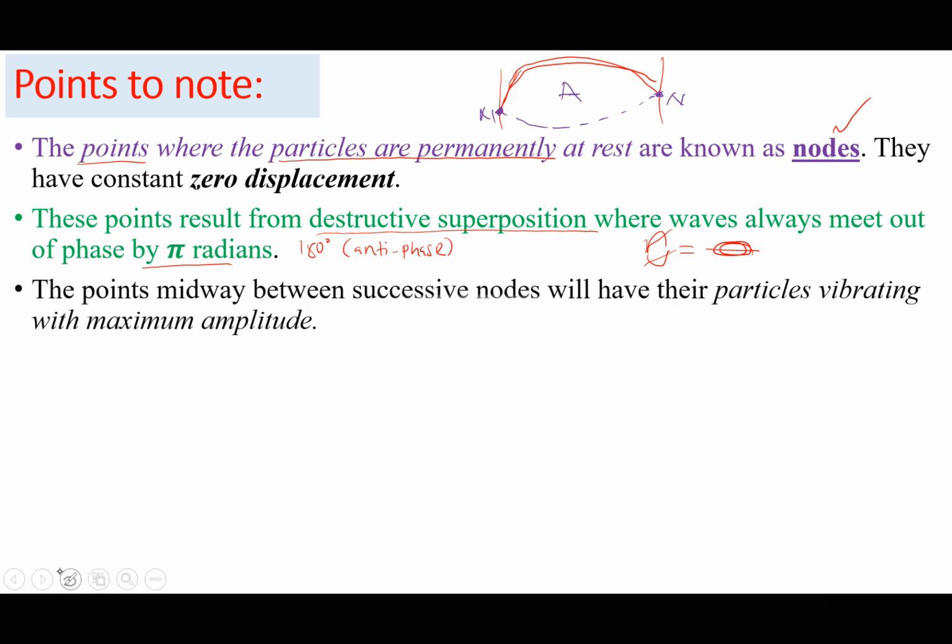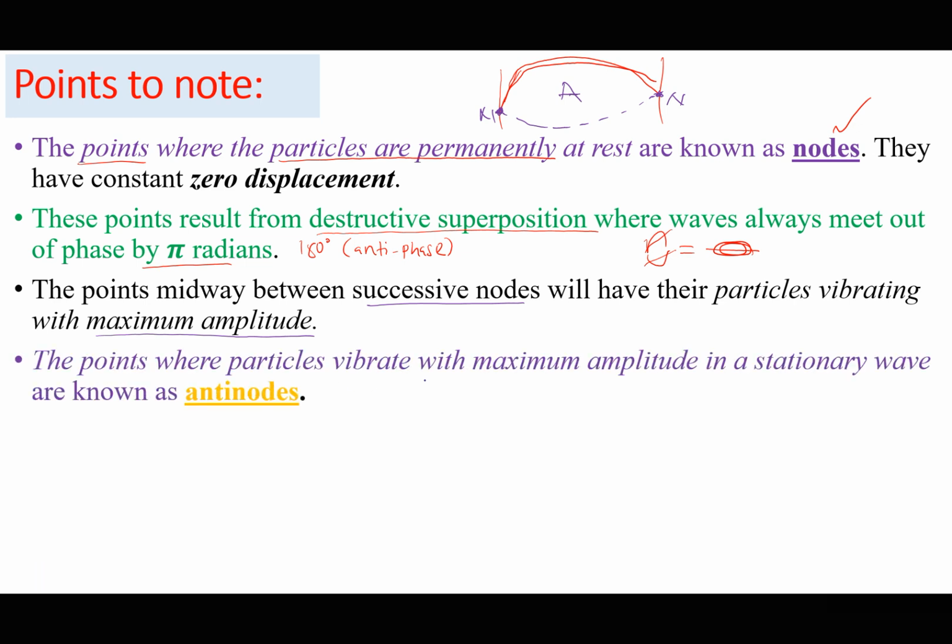Then the points midway between successive nodes will have their particles vibrating with a maximum amplitude. And these points, we have already called the antinodes. So the points where particles vibrate with maximum amplitude, not displacement, because amplitude is a maximum displacement. Unlike a progressive wave where all particles reach the same amplitude, in a stationary wave different particles have different maximum displacements.